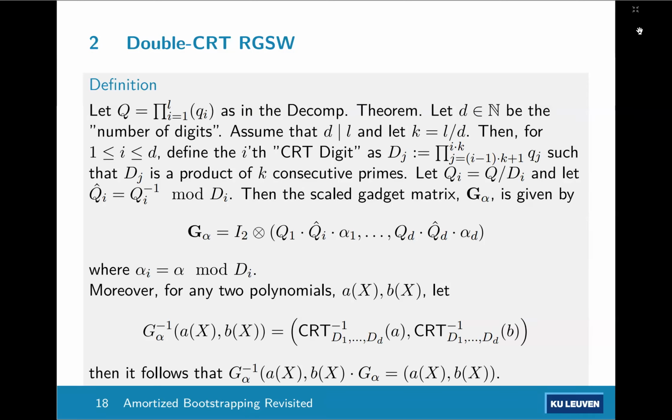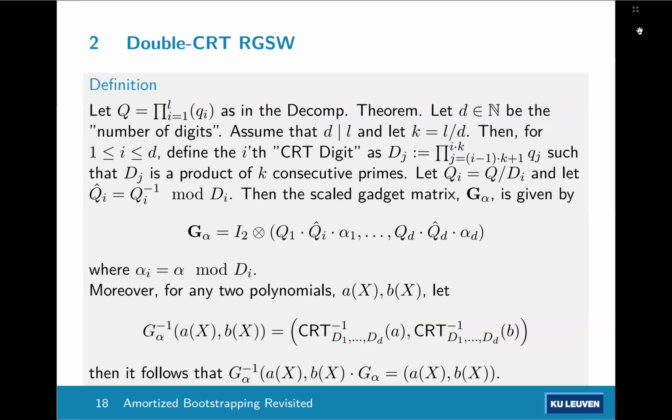Let Q then decompose as in the first line, and let D be the number of digits. Assume that D divides L and that K is equal to L divided by D, then for 1 less than or equal to i less than or equal to D, the i-th CRT digit is given by Di, such that Di is the product of K consecutive primes.